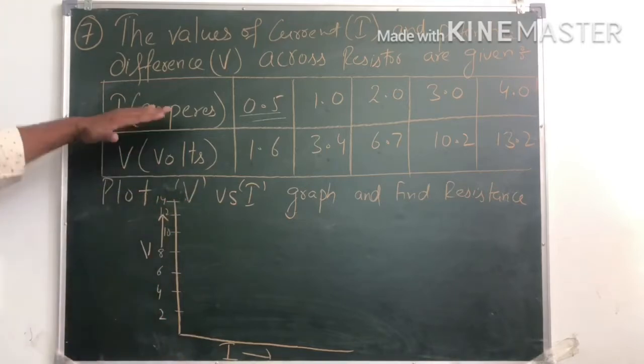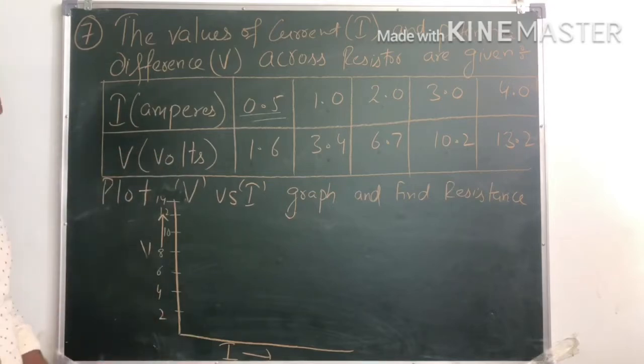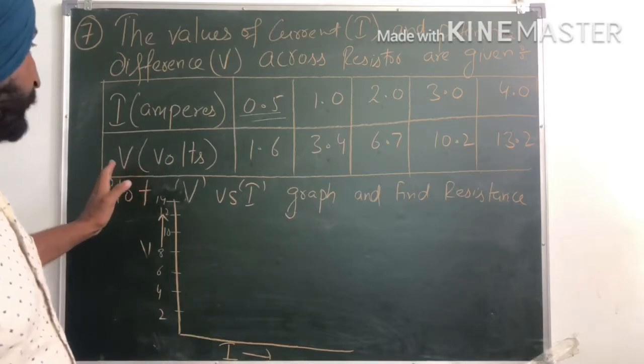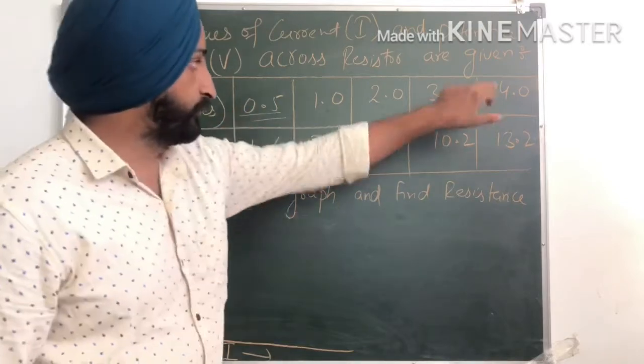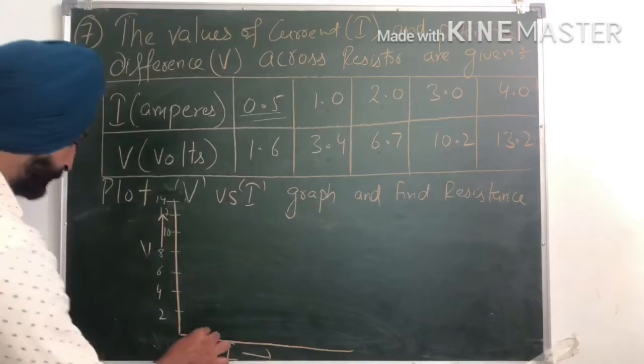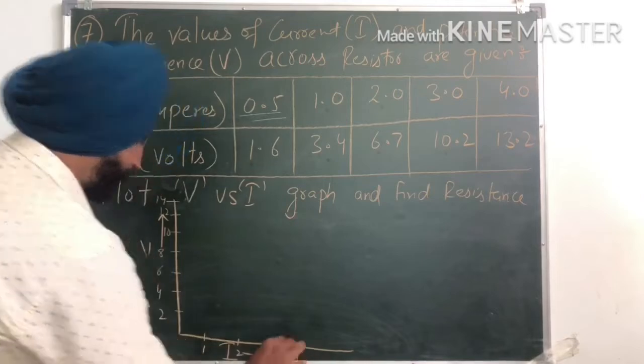So in this way you can take these calibrations 2 to 14 with a gap of 2 each. And similarly we can take current. Current is from 0.5 to 4. So I can take it as 1, 2, 3 and 4.